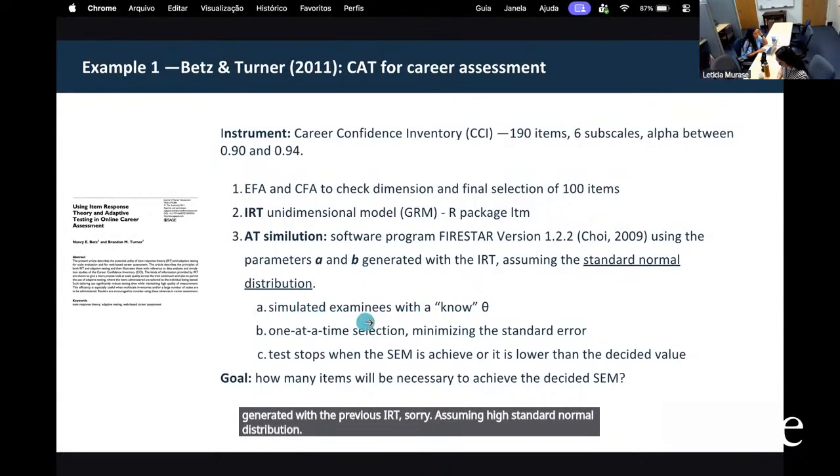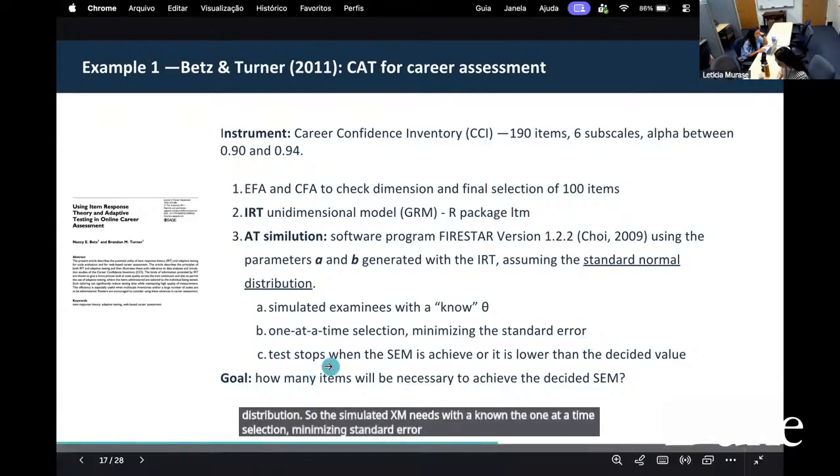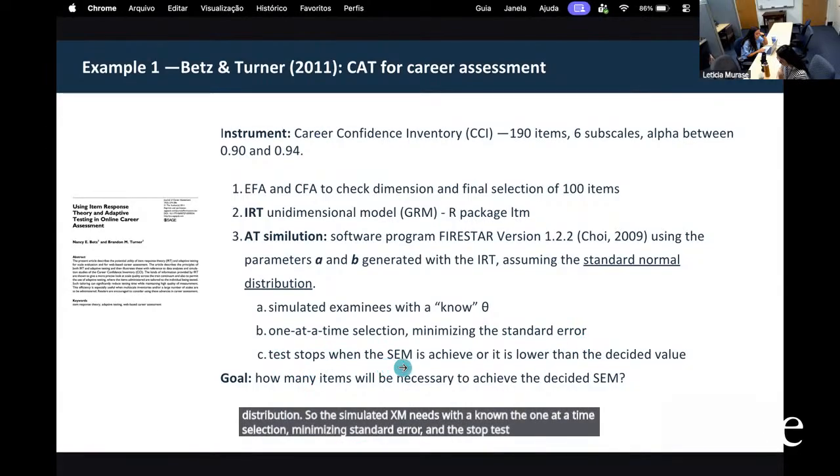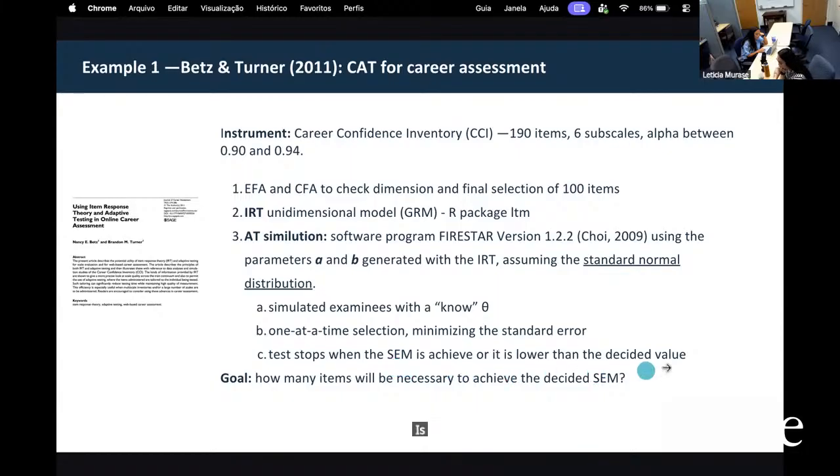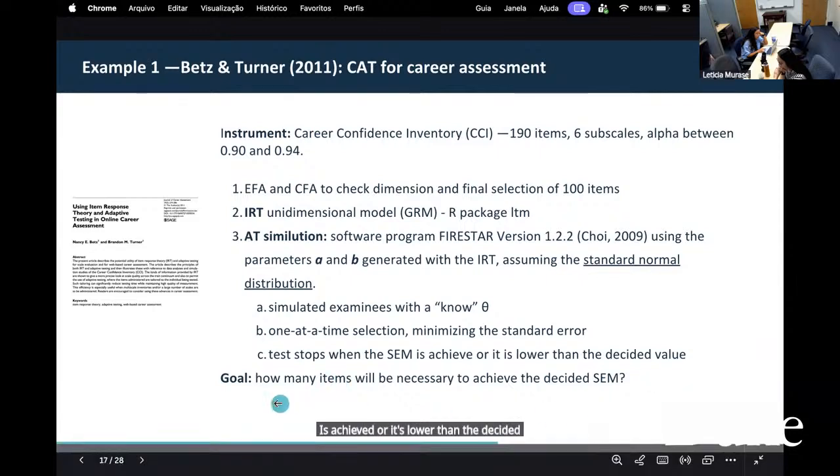So they simulated examinees with known ability, with one-at-a-time item selection, minimizing standard error. The stopping rule was when the standard error of measurement is achieved or is lower than the decided value. Their goal was to see how many items would be necessary to achieve the decided standard error of measurement.